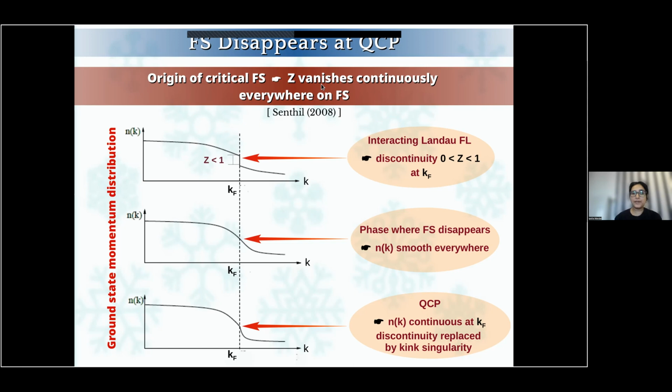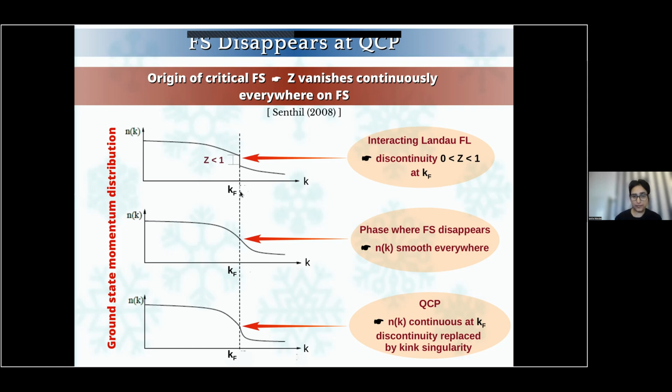This can happen when the quasi-particle weight Z vanishes continuously everywhere on the Fermi surface at the phase transition point. In the series of diagrams, along the y-axis I have shown you the ground state momentum distribution, and along the x-axis there is the momentum k. The first picture refers to a well-defined interacting Landau Fermi liquid, and therefore there is a discontinuity equal to Z, and the location of the discontinuity identifies the location of the Fermi surface.